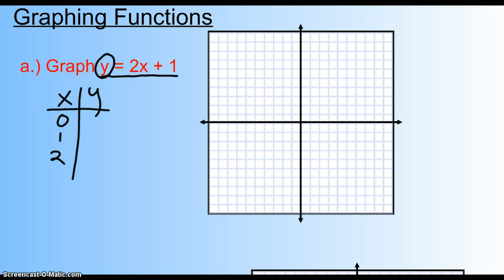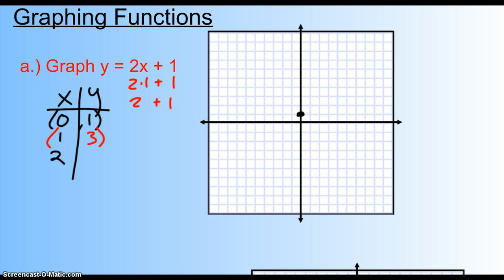So if I do 2 times 0, I'm putting 0 in for x and get plus 1. So 2 times 0 is 0, add 1, and I get 1. So this is a point that I can put on my graph. So 0, 1, which is right there. Now if I put 1 in for x and solve for y, I go 2 times 1 plus 1, or 2 plus 1, which is 3.